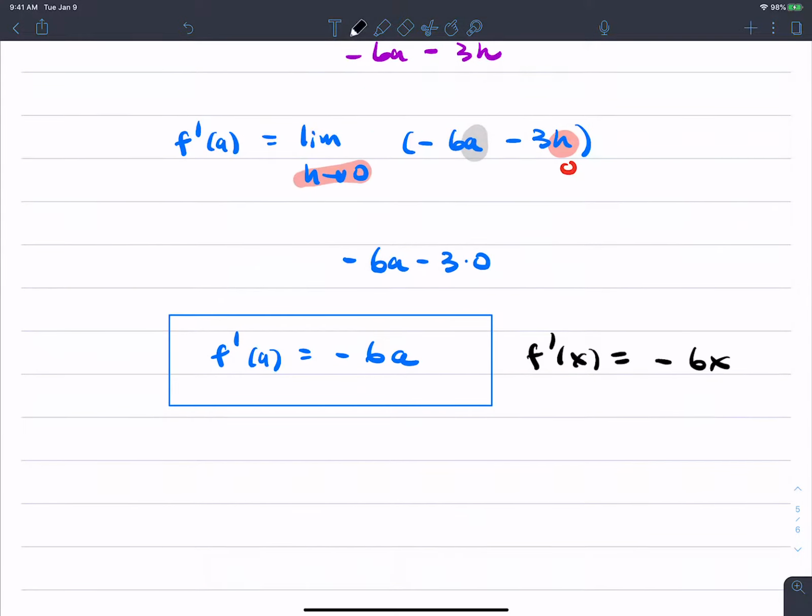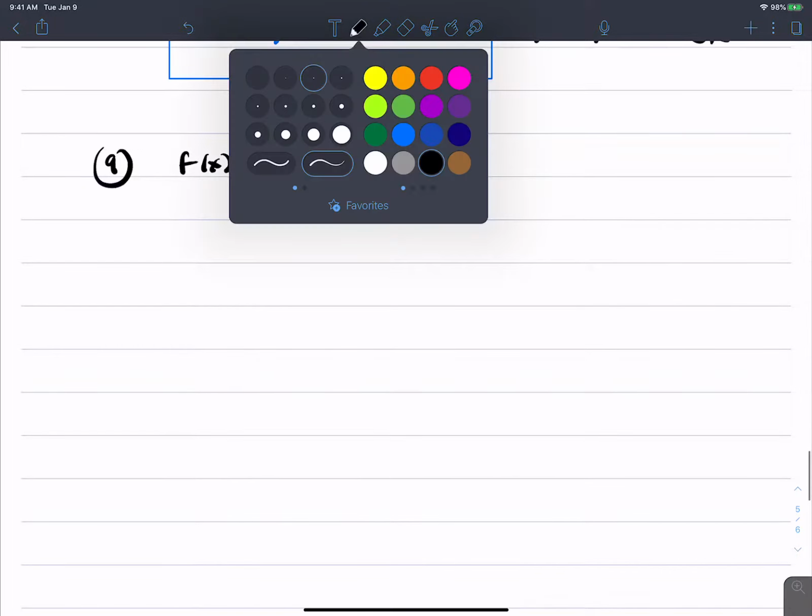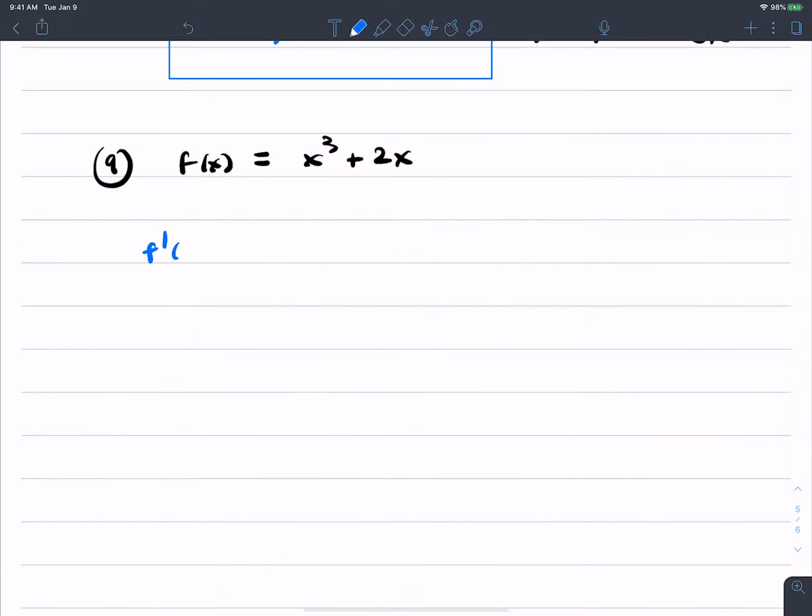All right, so that was number 7. So that means we're at 9. And my function for 9 here is x cubed plus 2x. F prime a is the limit as h goes to 0 of f of a plus h minus f of a, everything over h.